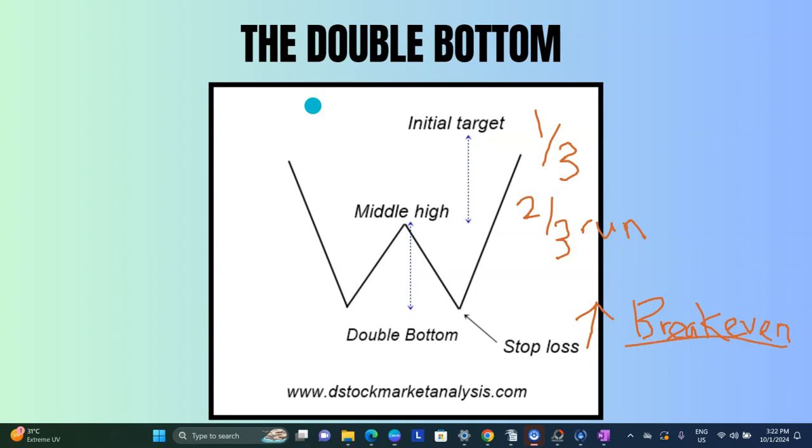What does it mean to be break even? That means your purchase price. When you buy here, maybe it's 20, here is 15. Once you reach your initial target, you raise your stop loss from 15 to 20 so that you have what? You have a free trade.